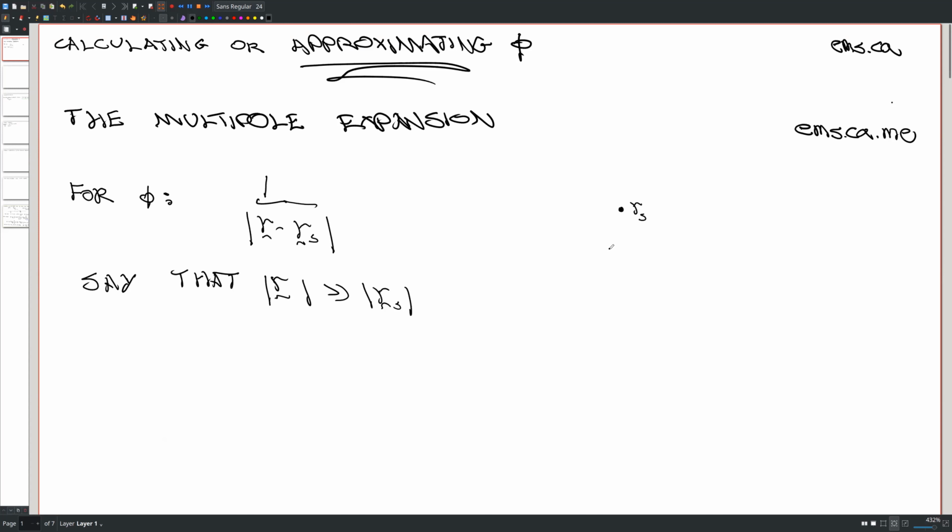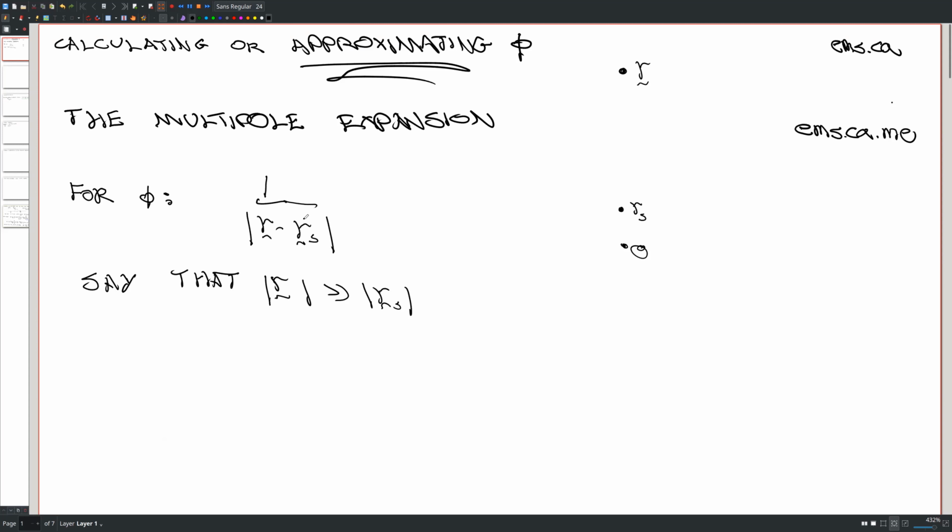Said otherwise, I choose a certain origin here, and my observation point is very far away. So here there's a good distance, and here's my observation point. I'm just writing it like that to simplify things at first. So I've got my origin, that's where I put my 0 coordinates. My source is sitting here, but my observation point is very far out.